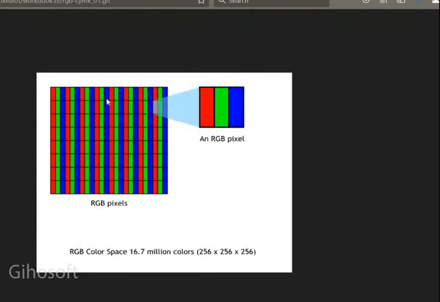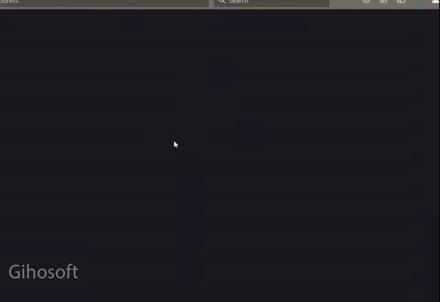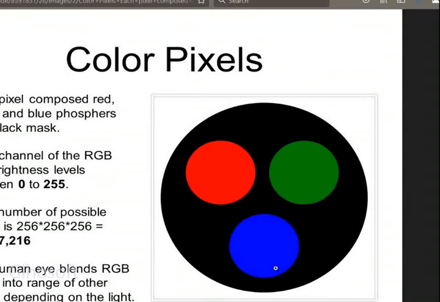Now I have a few images which I would like to show you. This is a representation of how your LCD or your monitor screen works. It has millions of boxes like this, and each box has three shades, red, blue or green, whereas some architectures like to depict it as a circular image. They say 1 pixel is supposed to be circular.